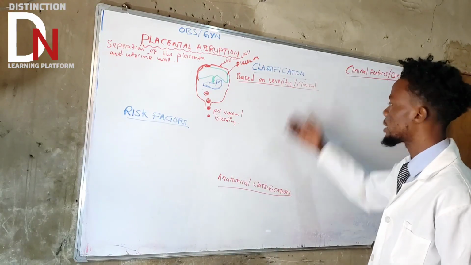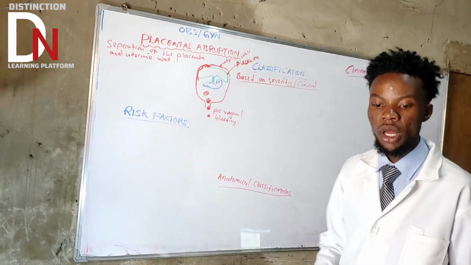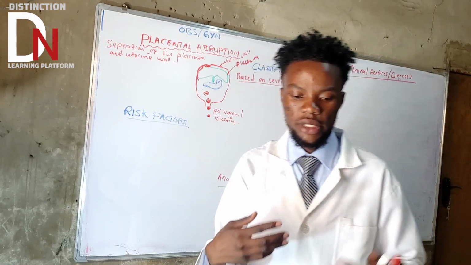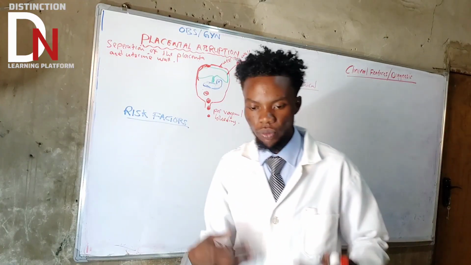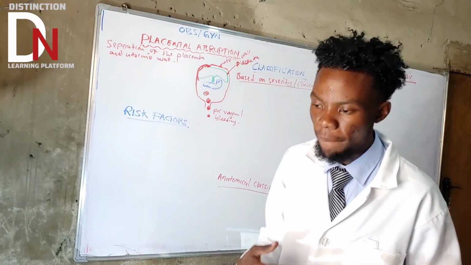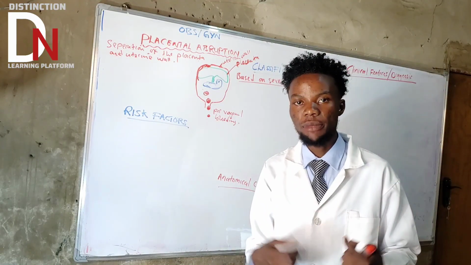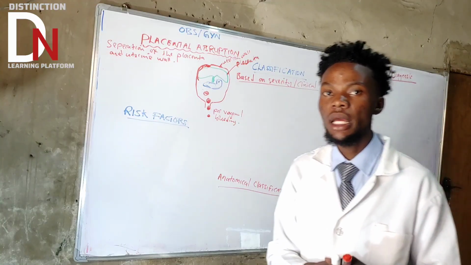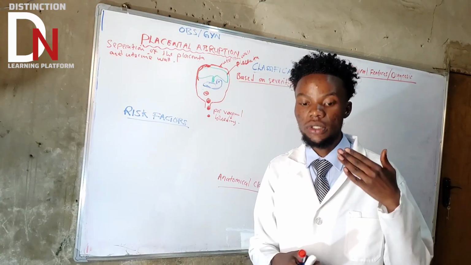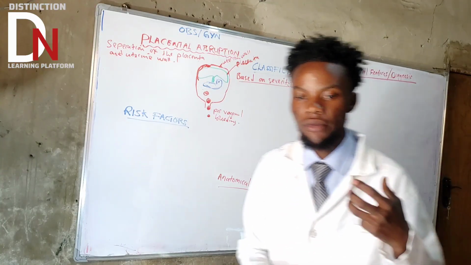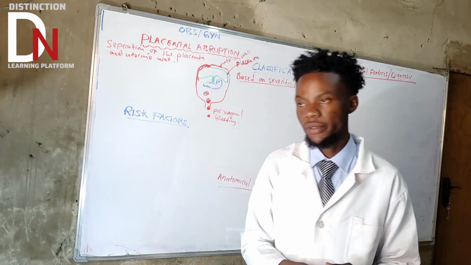We'll talk about it under the classification. In that type, the pregnant woman does not show symptoms of bleeding, but she has abruptio placenta. That category is dangerous and very hard to diagnose.